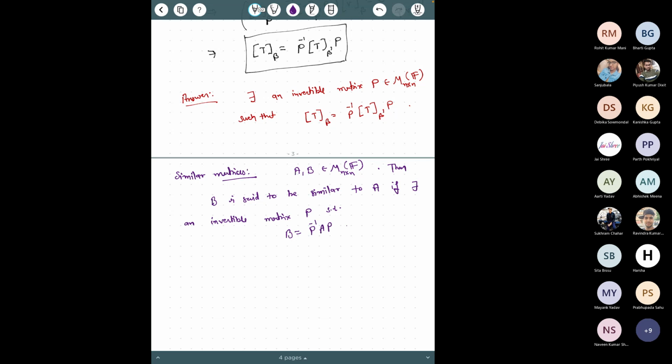So if we have two matrices A and B, then B is similar to A if there exists an invertible matrix such that B can be written as this product, P inverse AP.